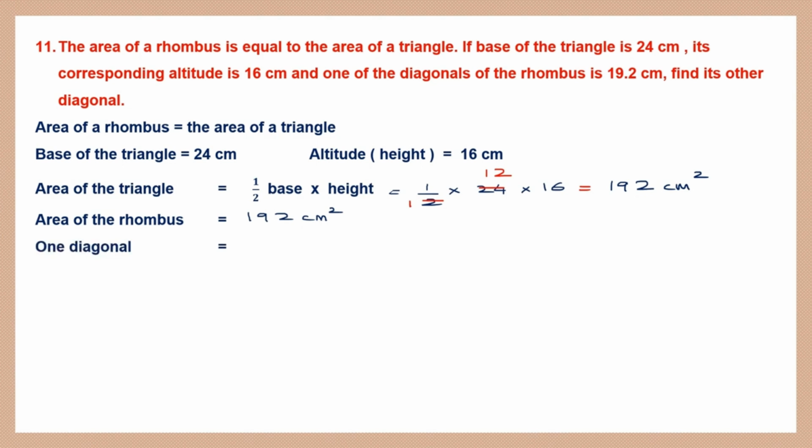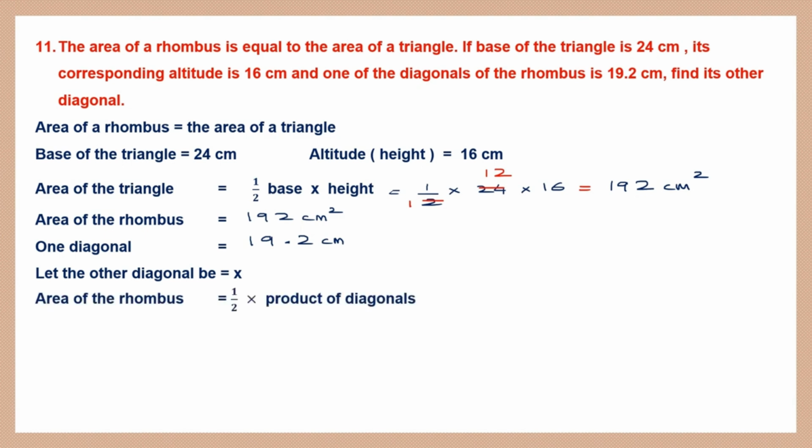We have one diagonal given to us, which is 19.2 centimeters. Now let's consider the other diagonal to be x. Now let's use the formula of area of a rhombus. Area of a rhombus is half into product of the diagonals. So area of the rhombus we found out to be 192, and here this is equal to half into product of the diagonals.